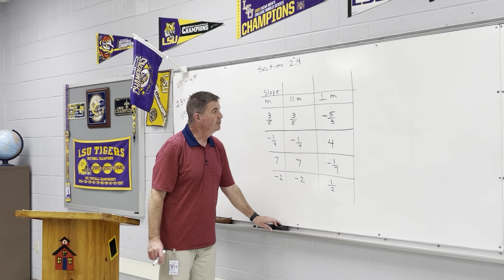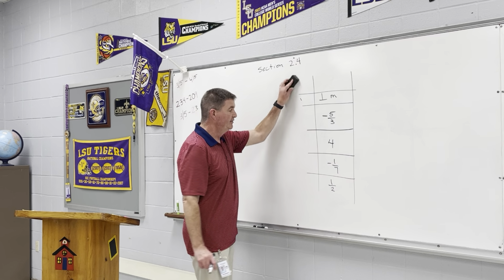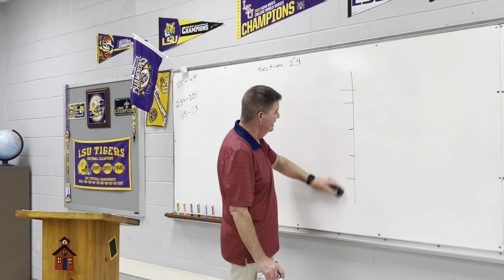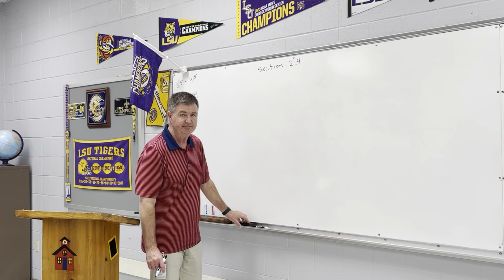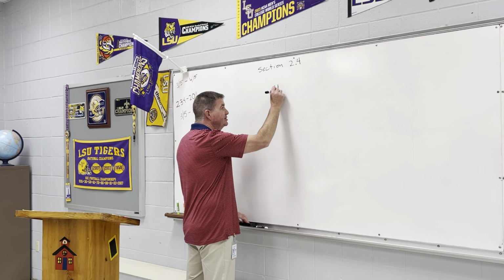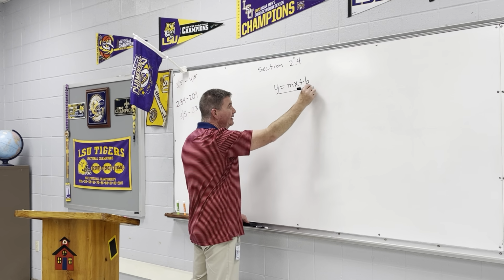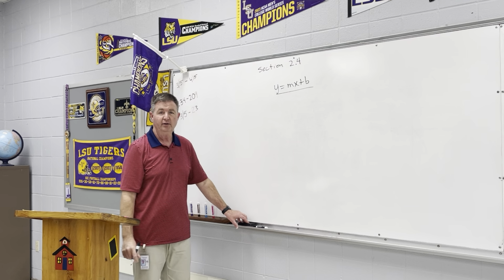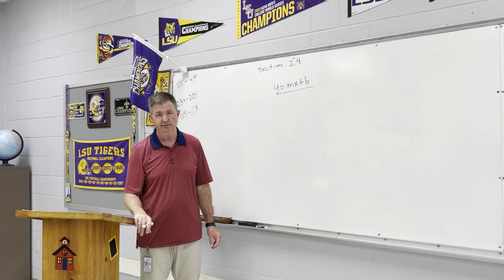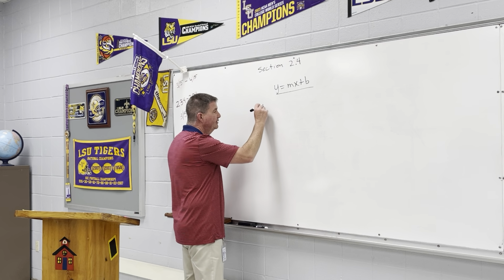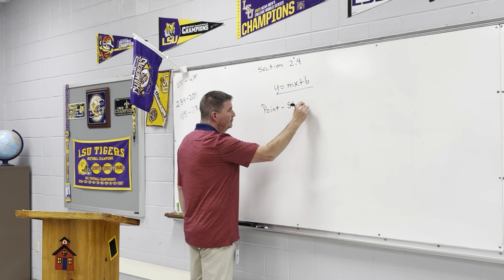Now we're going to write an equation of a line, and it's not going to have all the information that the last one did, where it gave us the slope and the y-intercept. So we know that the equation is going to be y equals mx plus b. That's our final answer. But in order to get there, we have one formula that we can use. It's called the point slope formula.